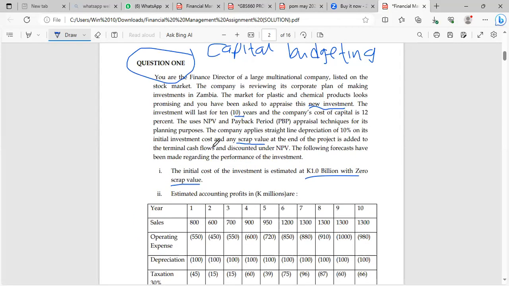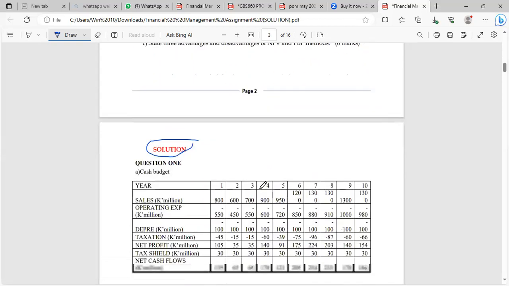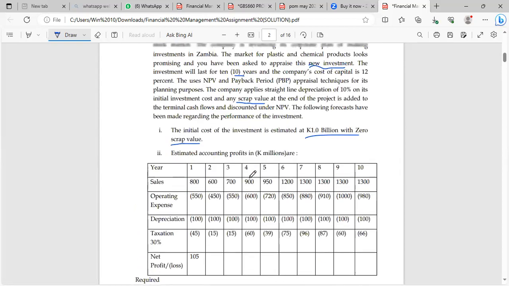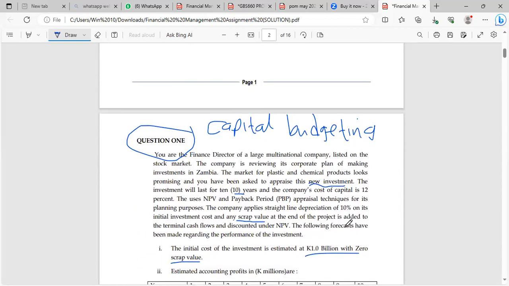And then they were simply saying that the depreciation, scrap value of 0 at the project. The following forecasts have been made. So meaning the taxation was different. It was only profit, and the taxation was given in the question.